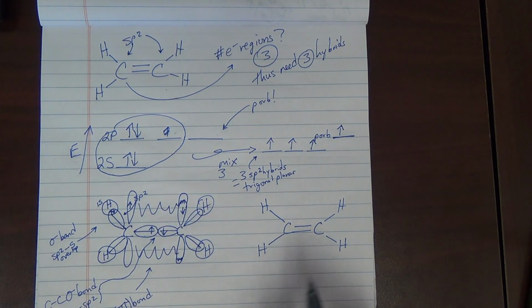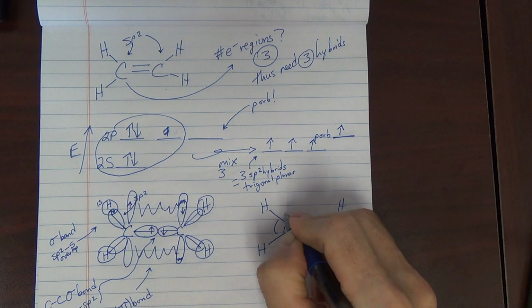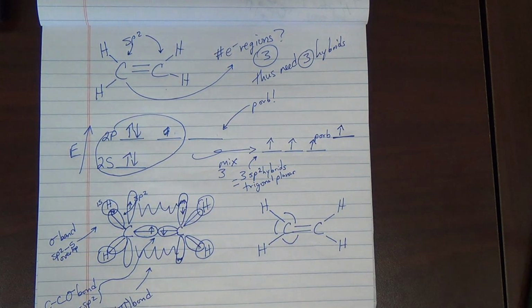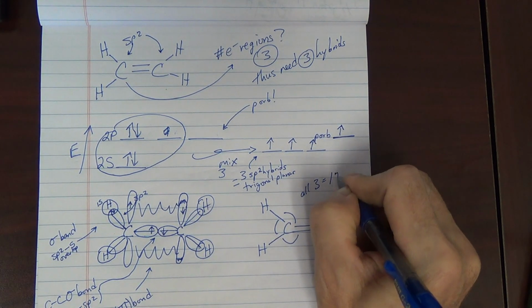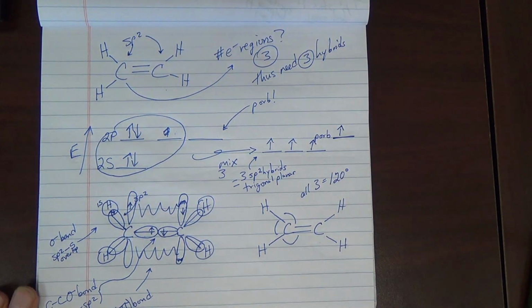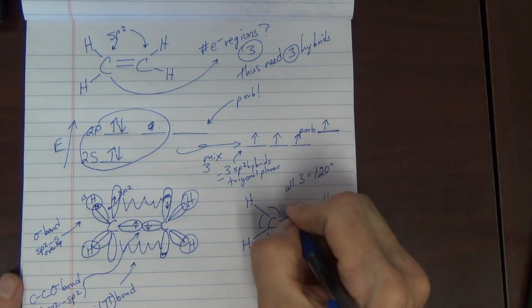When you see this, you need to understand all this over here. Trigonal planar, and bond angles here, here, and here are all the same, all equal 120 degrees. That's trigonal planar bond angles.